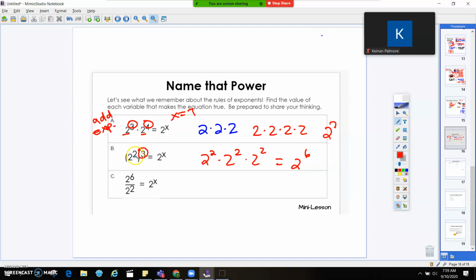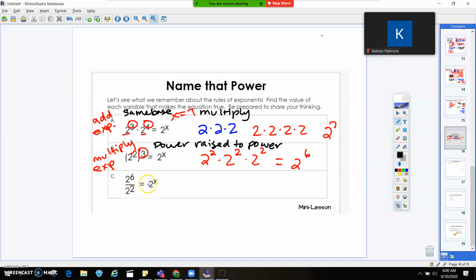So if you have a power raised to a power, you're going to multiply your exponents. If you have the same base, you're going to add the exponents. All right?